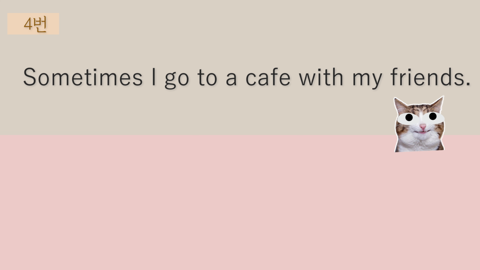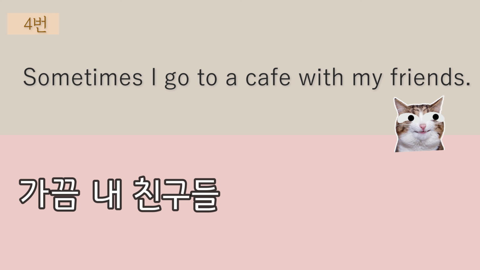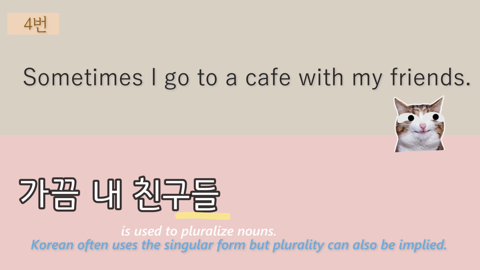I will start with sometimes, 가끔, and my friends, 내 친구들. If you add 들, it becomes plural. 친구 is singular and 친구들 is plural. But keep in mind that Korean often uses the singular form, but plurality can also be implied. Normally, 들 is used to emphasize that it is not just one. The with part comes after friends.